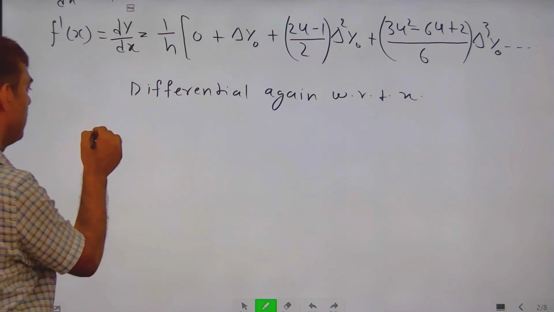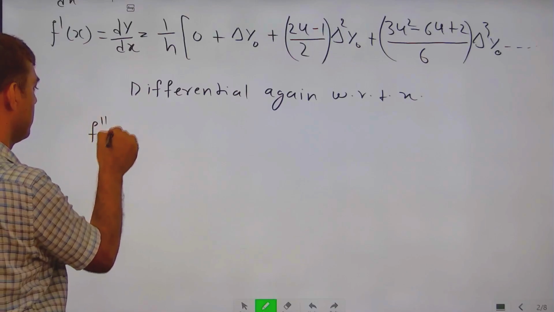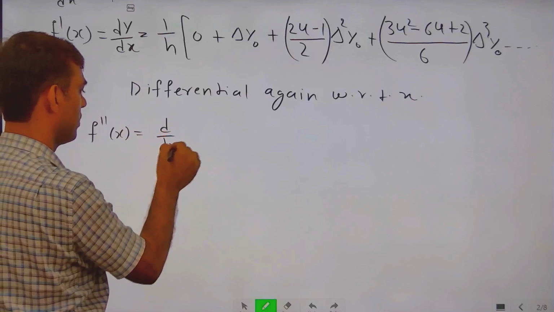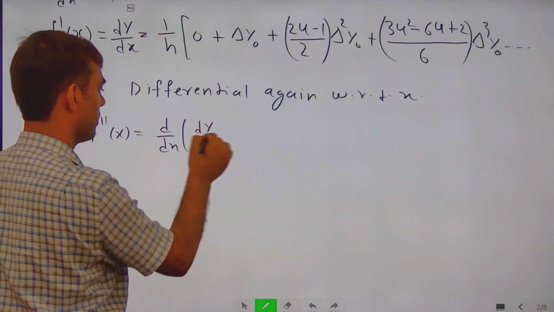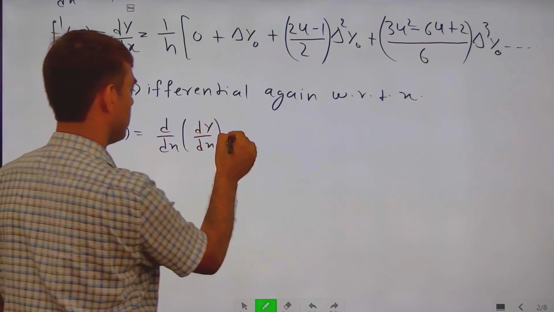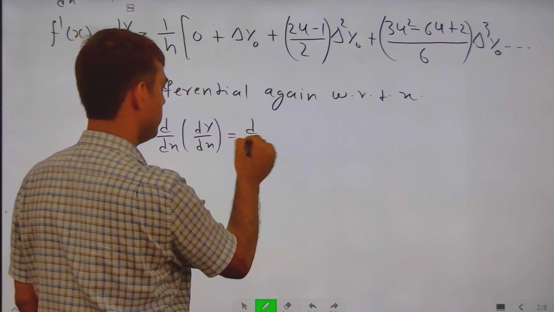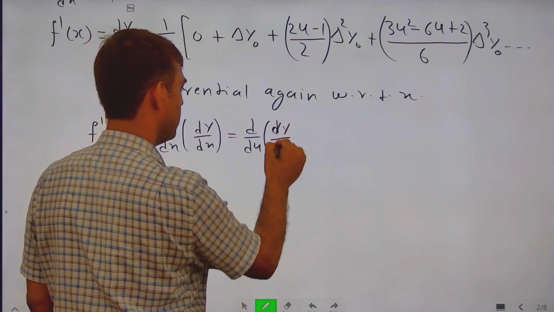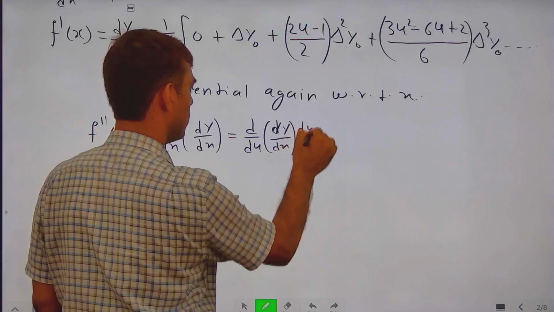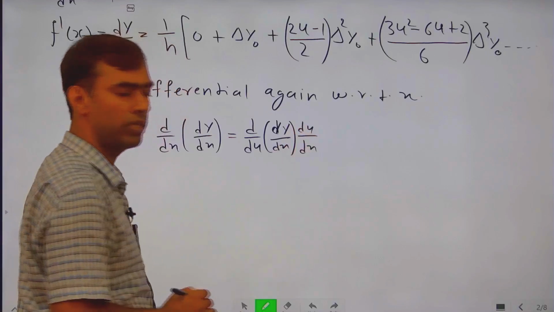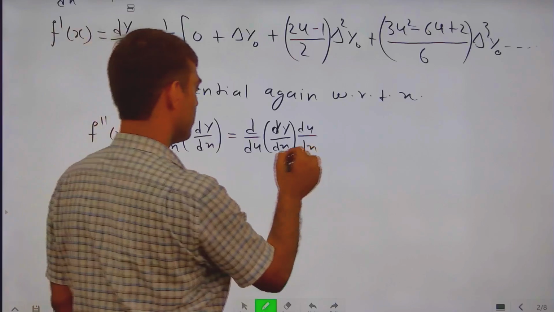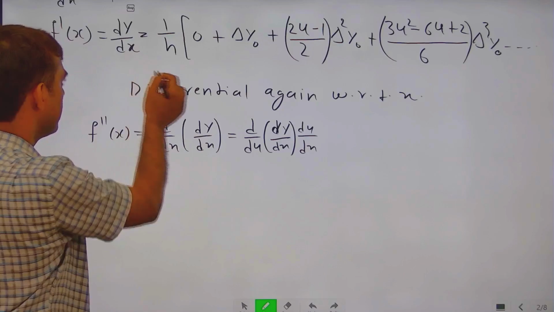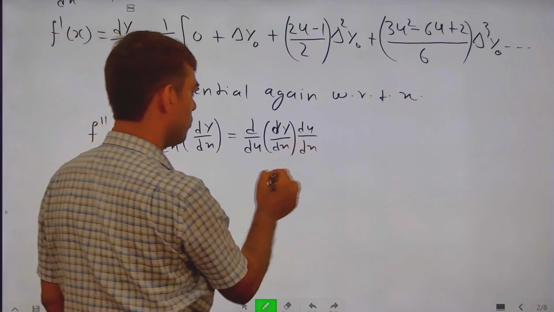This becomes f''(x) equal d/dx of dy/dx, or this one is d/du of dy/dx into du/dx. So, we already have the value of dy/dx. Here we write the value for du/dx.